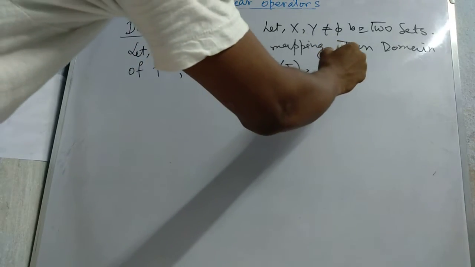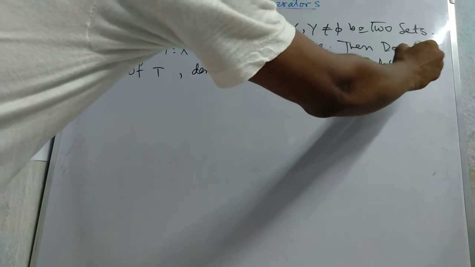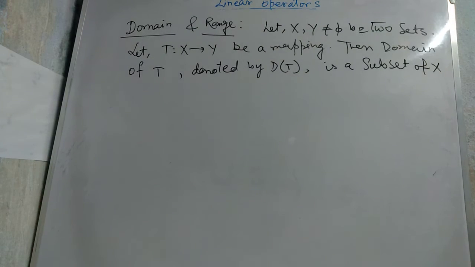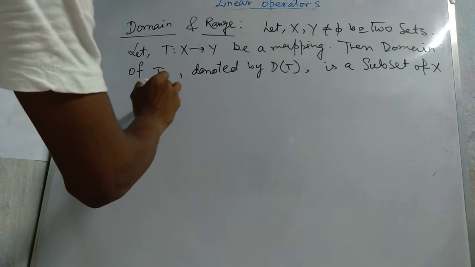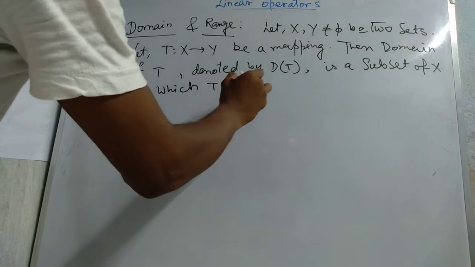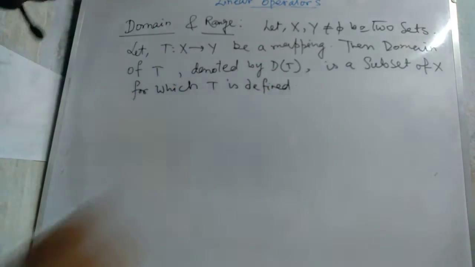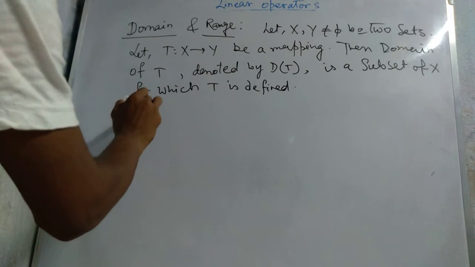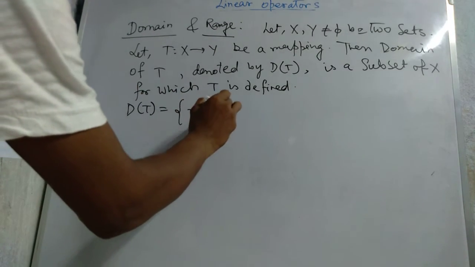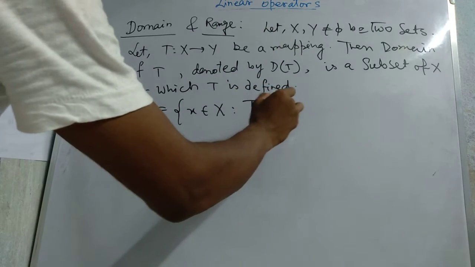Then the domain of T, denoted by D(T), is the subset of X for which T is defined. Then D(T) equals the set of x belonging to X such that Tx is defined.